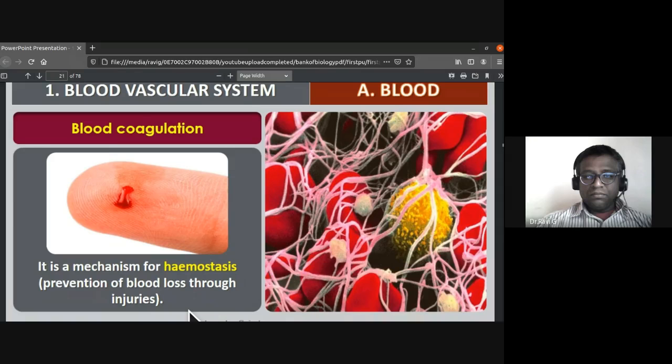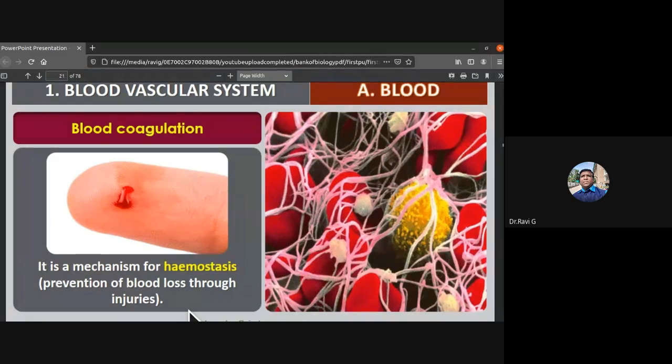So the clotting mechanism helps in preventing excess loss of blood. That is the purpose of blood coagulation. Prevention of blood loss through injuries is called hemostasis. So blood coagulation is a mechanism for hemostasis.